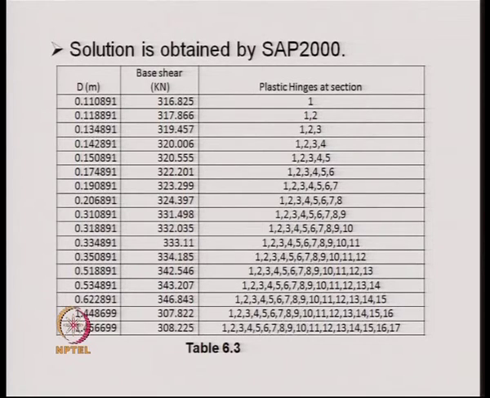If we look into the base shear, we can see that the base shear is increasing up to 346, that is the last but one row, not last but one row, above 2. This is the value which has the maximum value of the base shear, and after that the base shear drops down to 307, and then it slightly increases to 308.